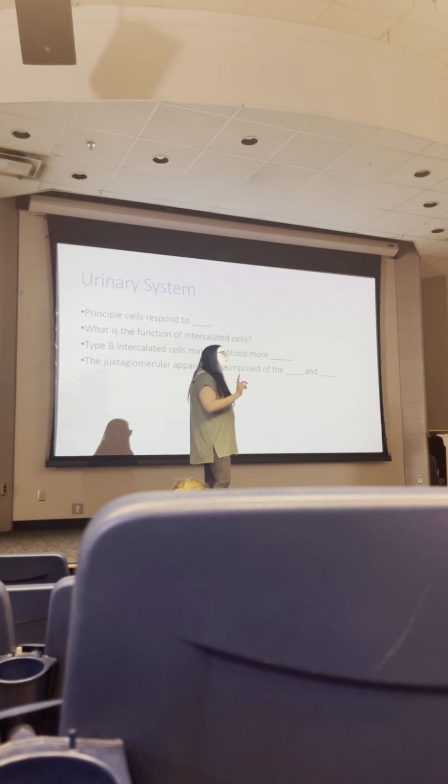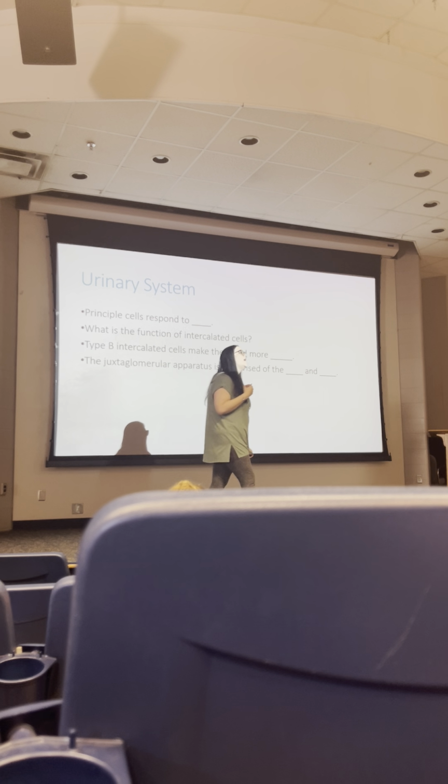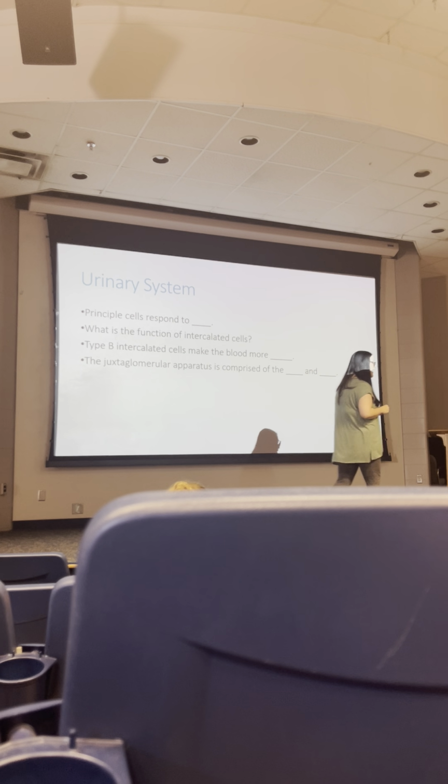And then in the grand scheme of things, why do we care about the juxtaglomerular apparatus? What do they work in doing? Are they regulating pH? Are they regulating urine? No. So what's our third option that we harped on? If it's not pH level, it's not making urine, what's the third most important function of the kidney? Blood pressure, right.